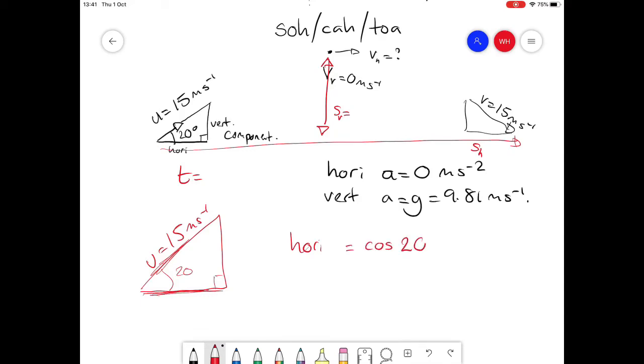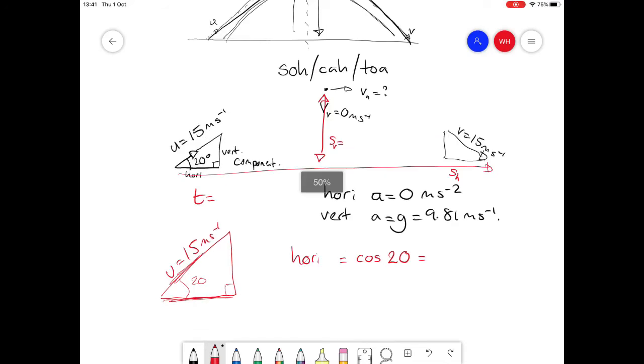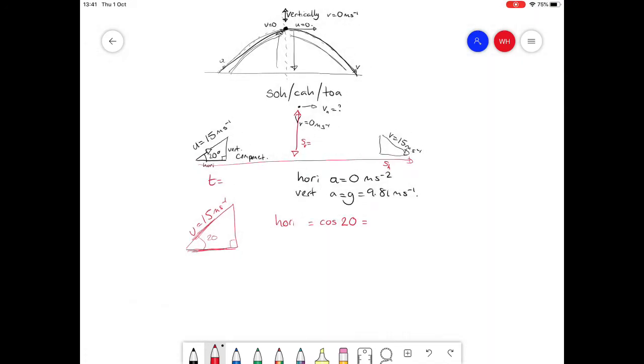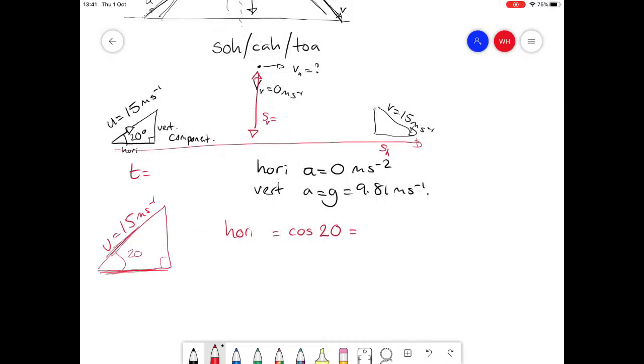So cosine 20 equals the velocity horizontally, but it's u, isn't it? So let's be disciplined. It's u horizontally over 15. So u horizontally is 15 cosine 20.